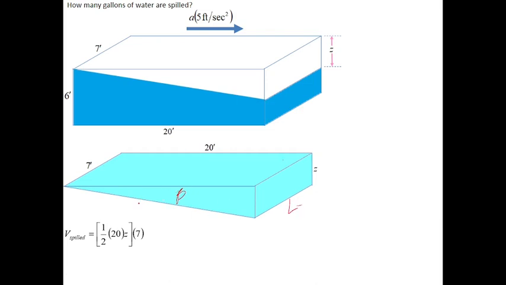Our base is a right triangle. The area of a triangle is 1/2 base times height: 1/2, base 20, height Z, so 1/2 of 20z. You know that, right? And the length is 7 feet.